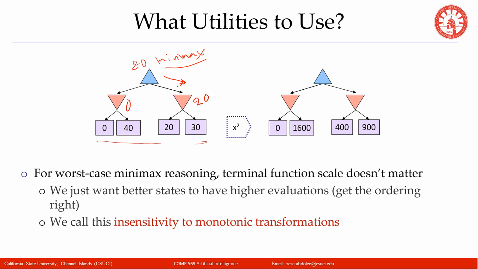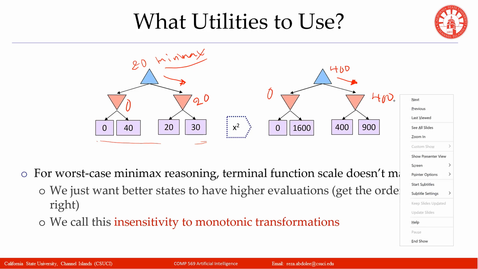When we square those values, here we are going to get 0, and here we are going to get 400. As you can see, 400 is going to be at the root node, and therefore we are going to take the route to get that utility, which is the right-hand side.